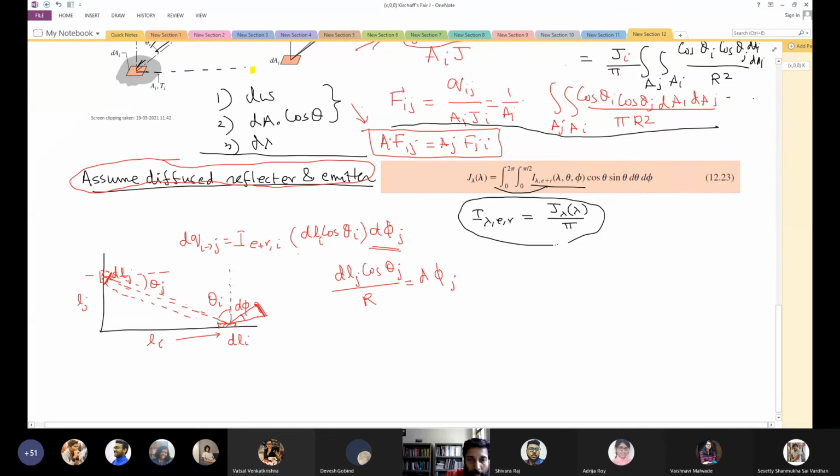Okay. So now we have Ij equals IE plus R from the ith surface, dLi cos theta I, dLj cos theta j, divided by R. Done?